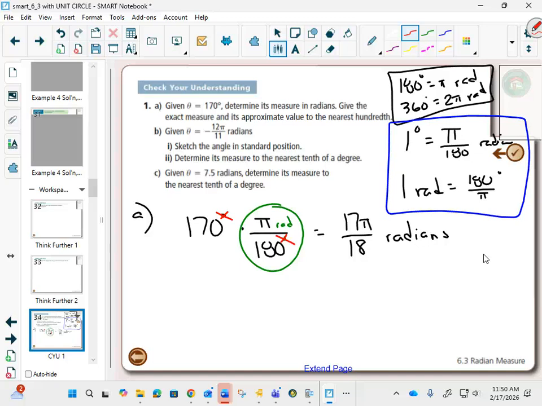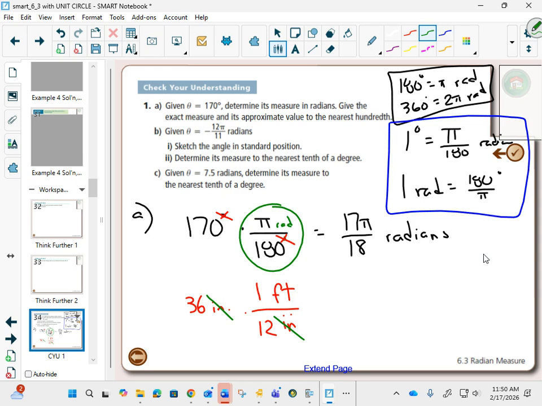If you want to change from inches to feet, you have 36 inches. What am I going to multiply by? Well, I want feet. I want my inches to cancel out. 1 foot is 12 inches. So I'd have to divide by 12 to find out this is 3 feet. And my units would go away, leaving me with feet.